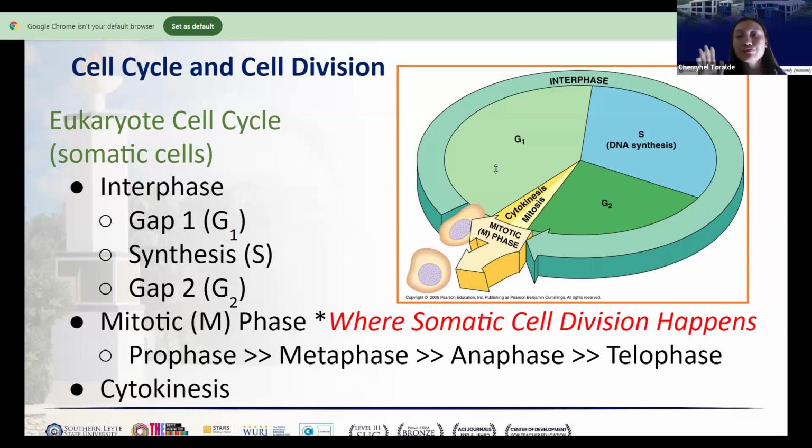Meaning, it just focuses on growing. And then the synthesis part is the replicating of the DNA.